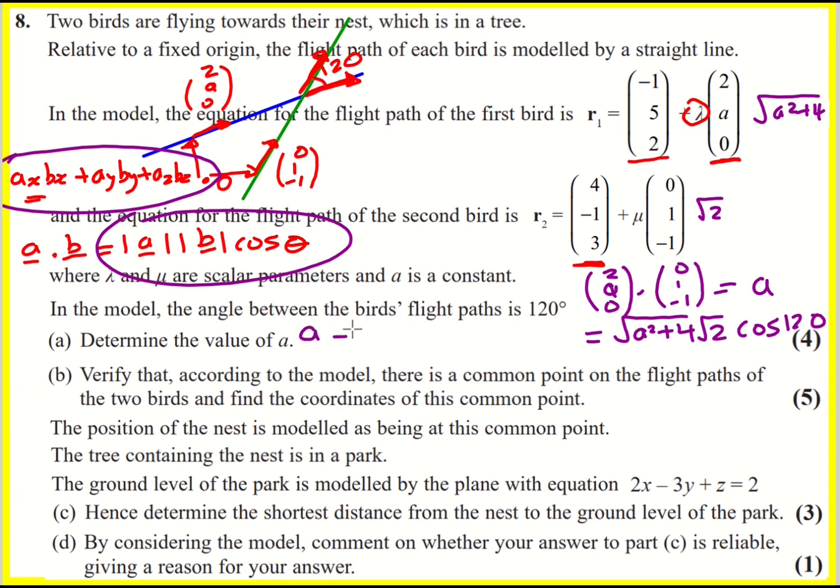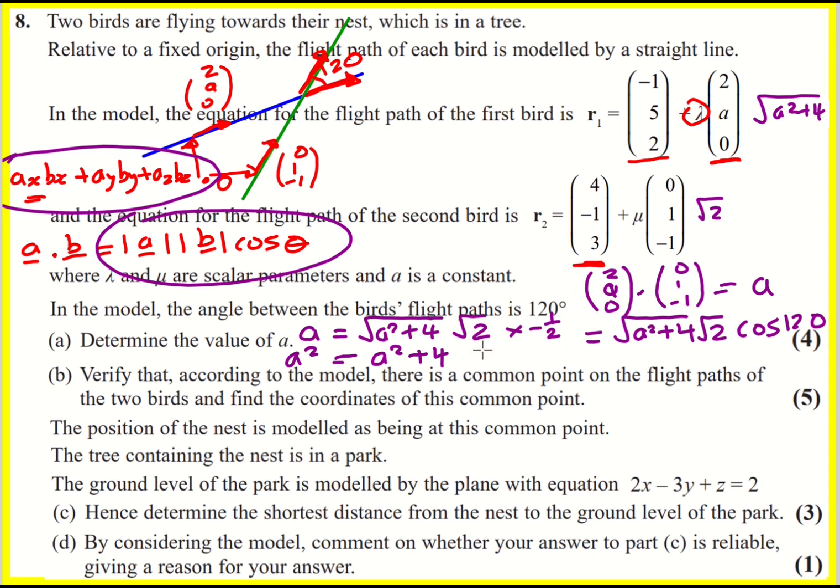Right, well, a is then going to equal root of a squared plus 4 times root 2 multiplied by cos 120. And that ends up being minus a half. I'm now going to square both sides. So a squared will then equal a squared plus 4 times 2 times a quarter.